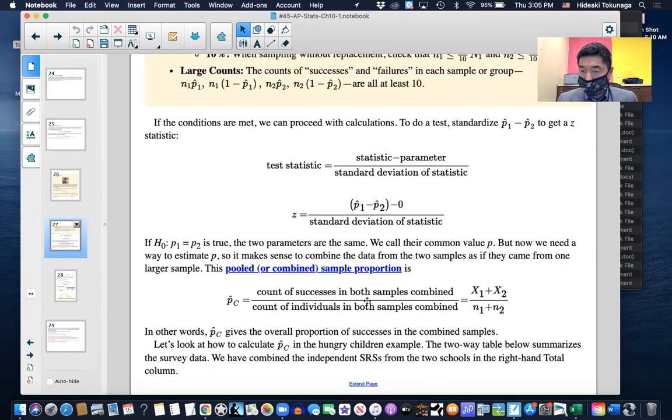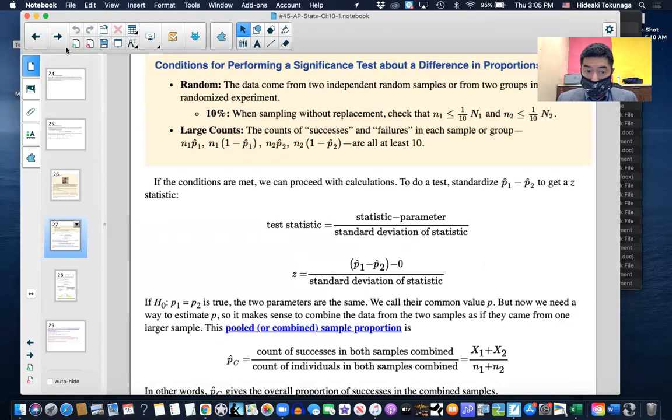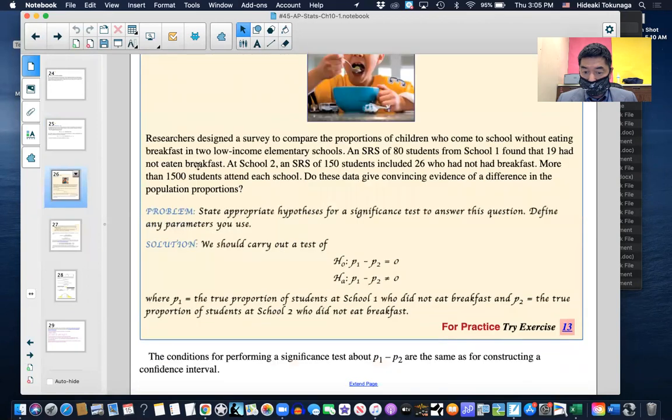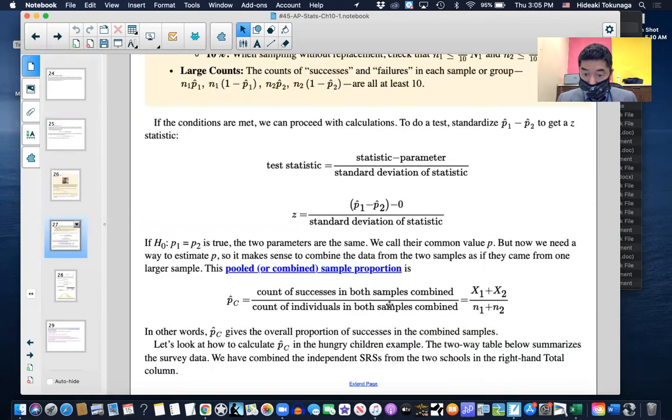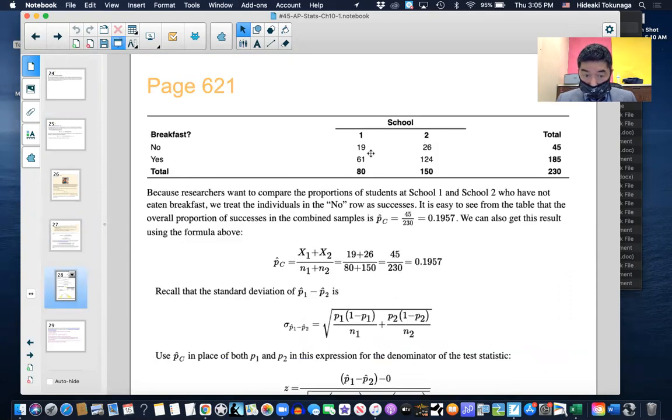Here, success means students who didn't have breakfast, so 19 plus 26 over the students of two schools, 80 from the first school and 150 from the second, so out of 230.